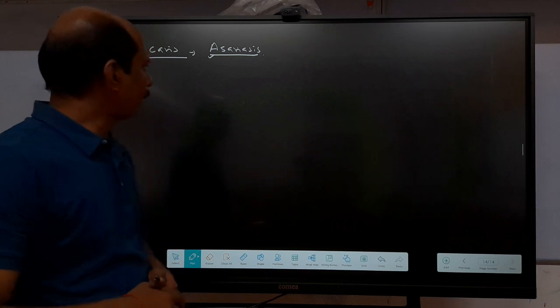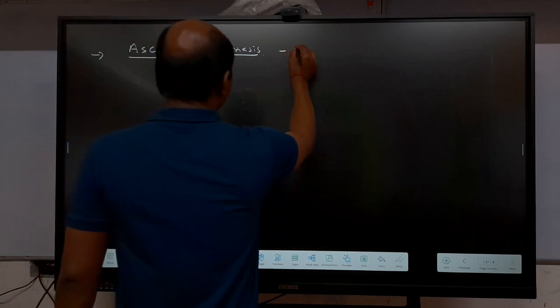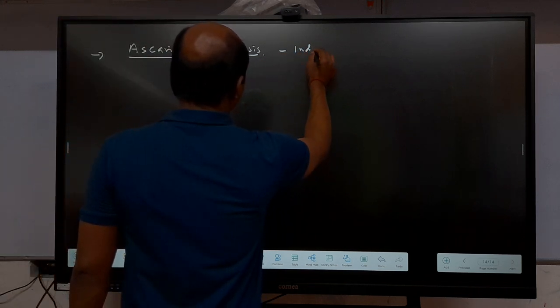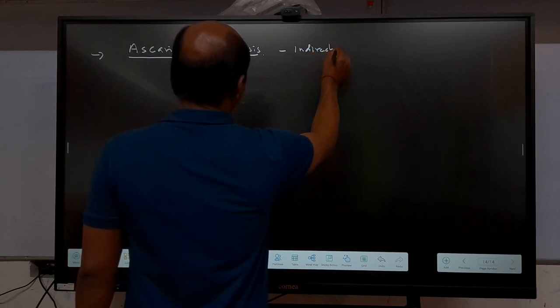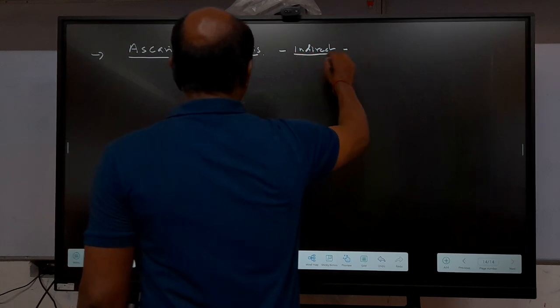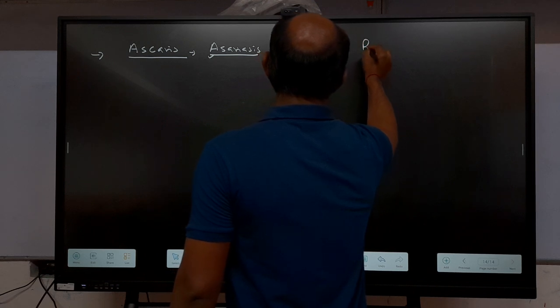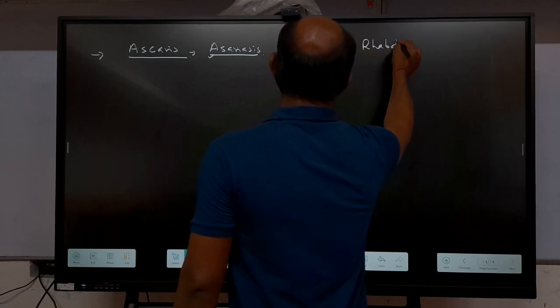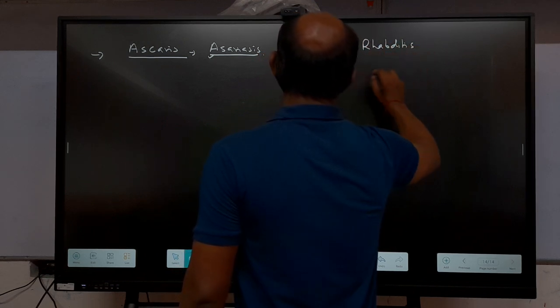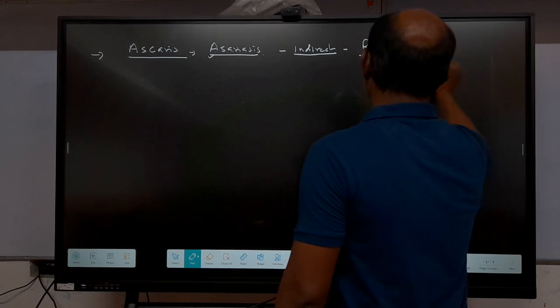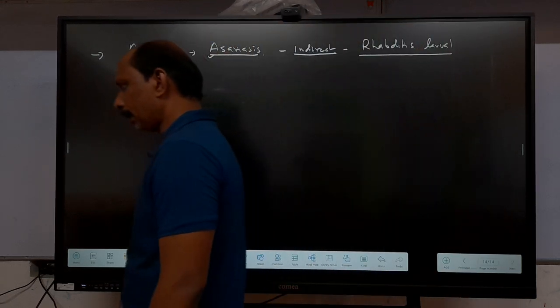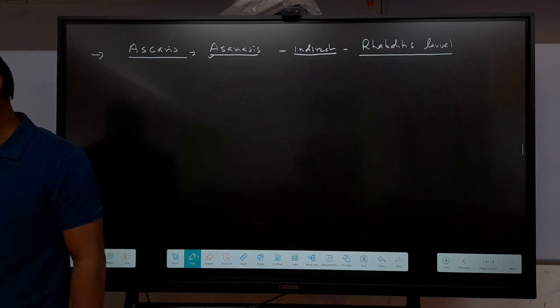Development is indirect. Indirect means larva. Which larva? Rhabditiform larva. Larval stage is there, that means development is indirect, in the case of Ascaris lumbricoides, right?